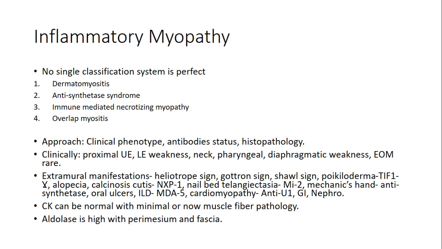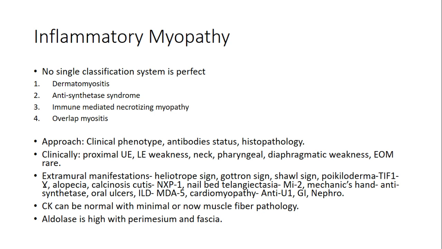Same goes for alopecia. I had a patient with calcinosis, so I always remember NXP2. Once you really see a case, then you kind of correlate it. Otherwise, it's a memory thing, and you tend to forget again and again. NXP2 with calcinosis, I will never forget because I saw that patient. Nail bed telangiectasias, and I never had an Mi-2 positive patient.